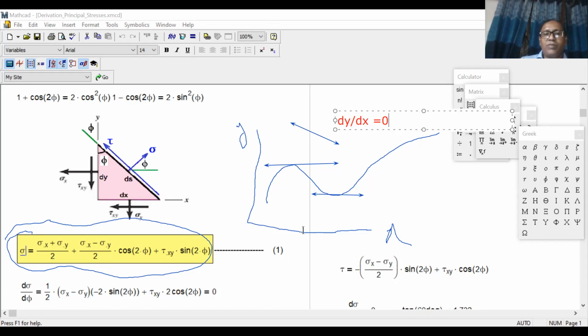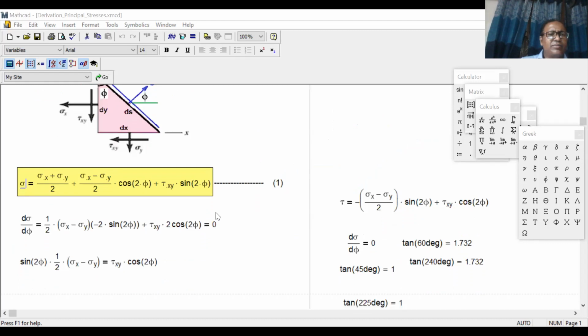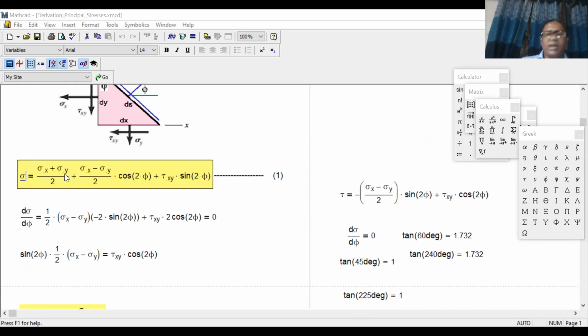If you know the value of x, you put that value in the equation and you get the y value right over here. Okay, now you see this is our sigma equation, the mother equation. The only variable in this equation is phi. So I figure out the derivative.